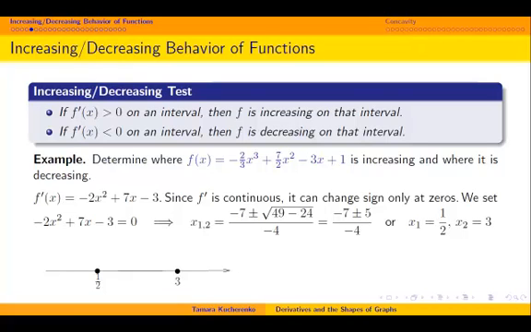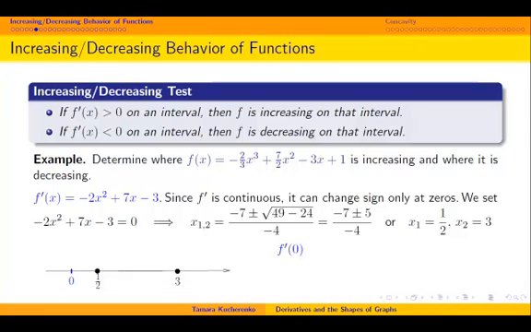For example, on the interval from negative infinity to 1/2, we choose the test point 0. We compute f prime of 0. It is important to make sure that you plug the test point into the formula for the derivative, which is highlighted in blue right now.